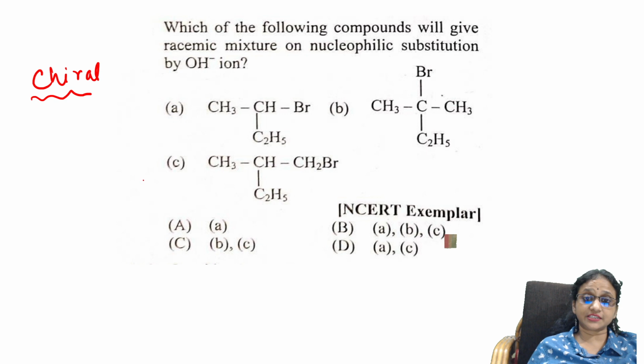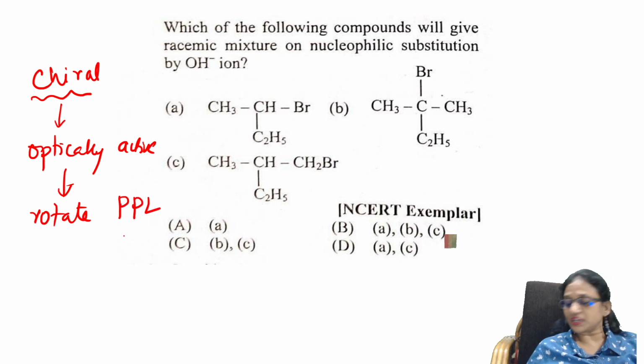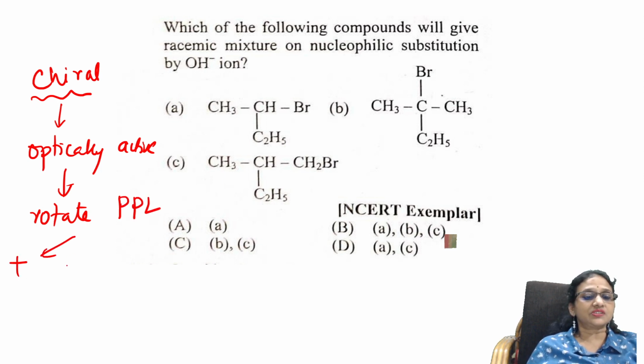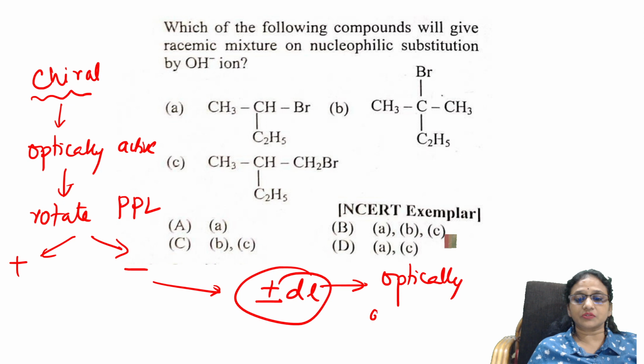Chiral carbons are optically active. They are going to rotate plane polarized light, PPL, either towards the right or towards the left. Both of them combined together form a mixture called racemic mixture, which is optically inactive. Got it, students?